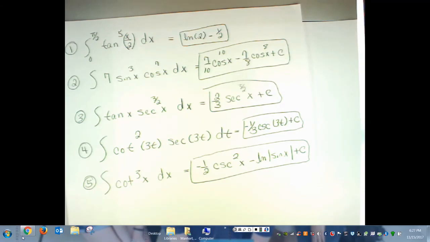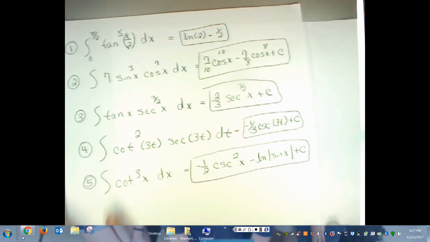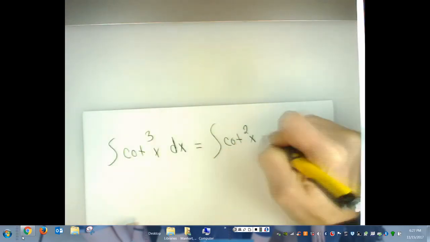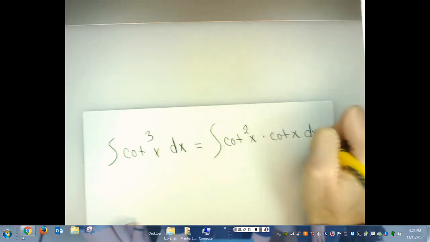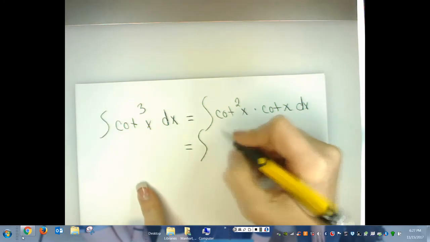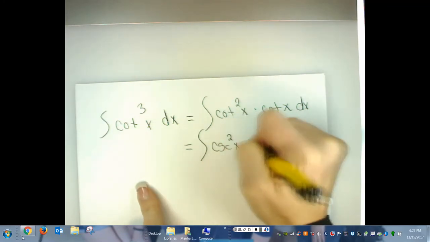The alternative method for that is as follows. What you would like to do is break off a factor of cotangent first. So let's get started. So remember the Kit Kat bar. The whole point of that is cotangent squared by your Pythagorean identity is cosecant squared x minus 1.